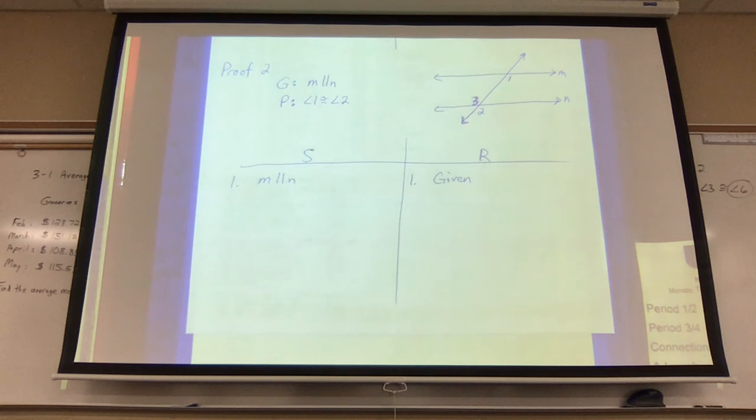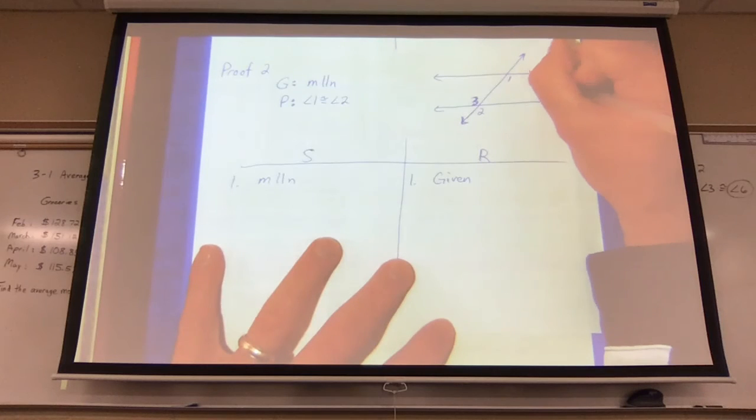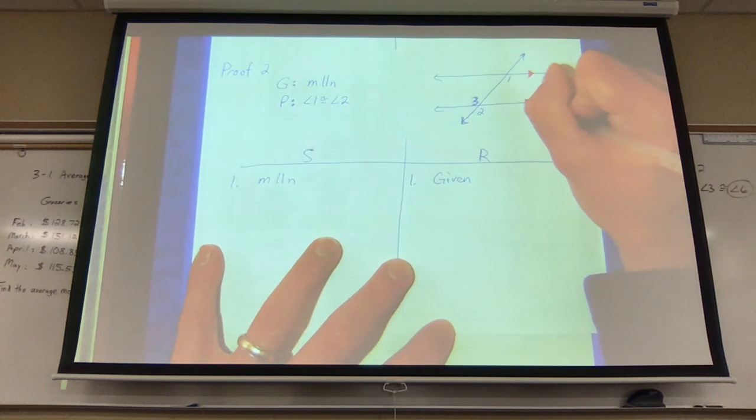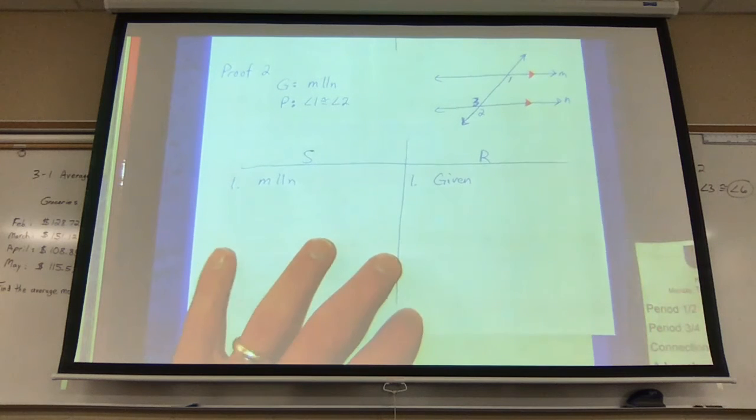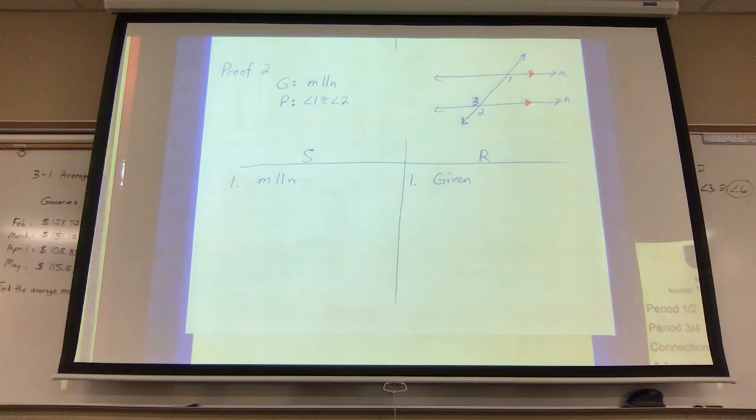And then I'm going to put that in our picture. M is parallel to N, so we have this one parallel to this one. And that's going to open up all those theorems we talked about in section 2. If the lines are parallel, then we know all kinds of things about their different angle pairs.